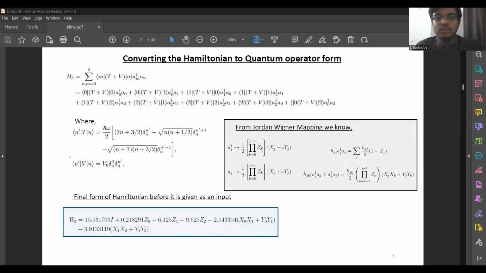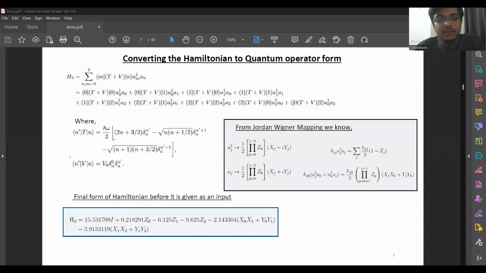I have used these relations, and I have substituted these matrix elements of T and V into this equation. And the final form of the Hamiltonian, which can be given as an input to the quantum computer, looks like this. So H3, where 3 means this is a 3-qubit Hamiltonian. The first term is an identity. That means we will be using an identity operator.